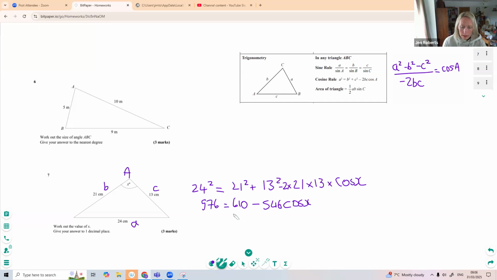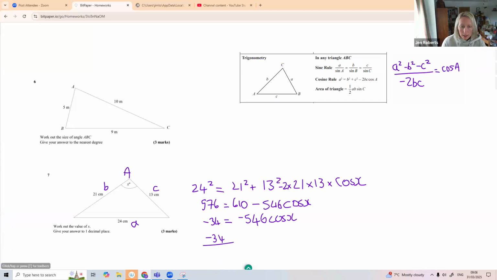So take 610 from both sides. Divide both sides by minus 546.